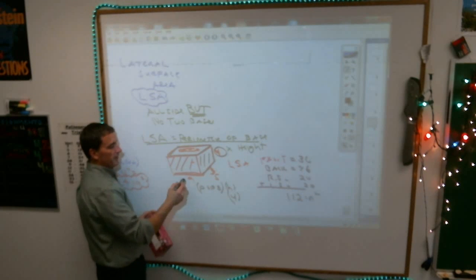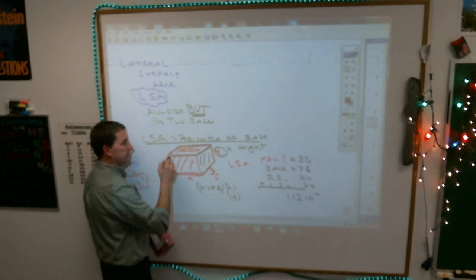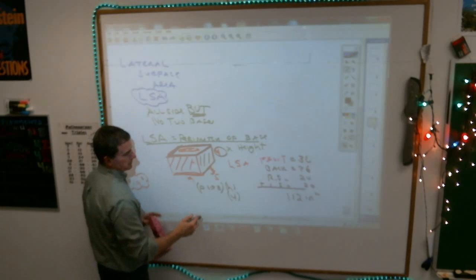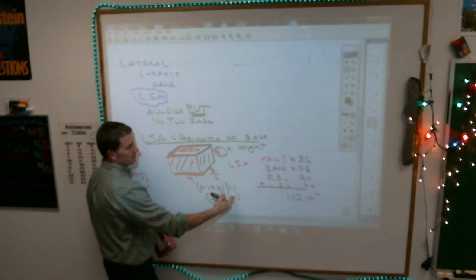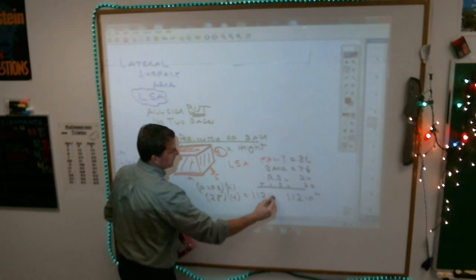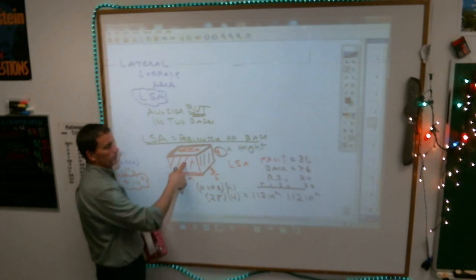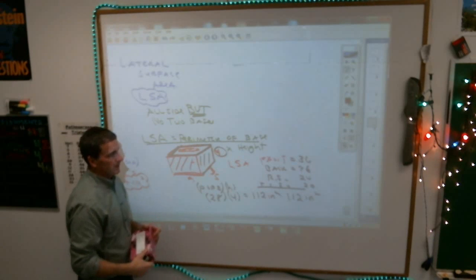What's the perimeter of the base? What is 9 plus 5 plus 9 plus 5? 10 plus 18 is 28. Guess what you get if you multiply 28 by 4? You'll get that same 112 inches squared. It's just a quicker way to find those things.